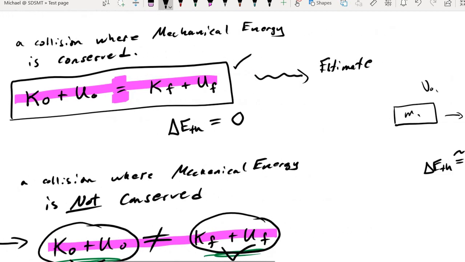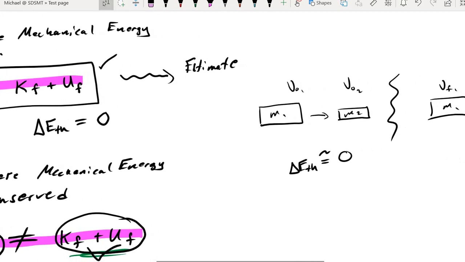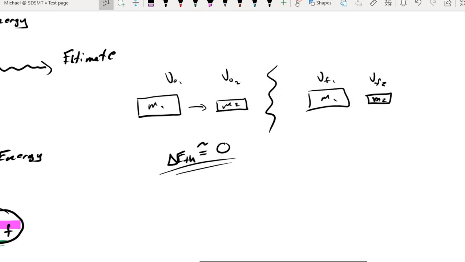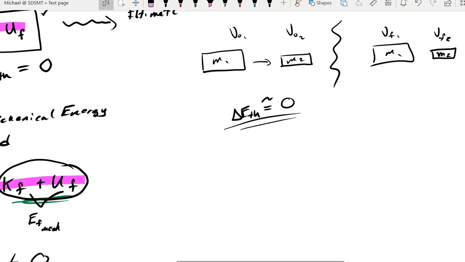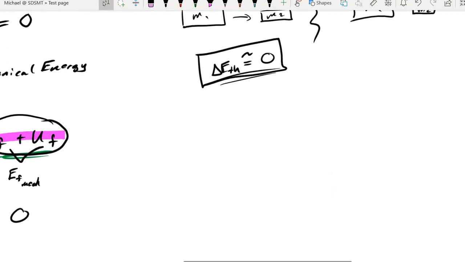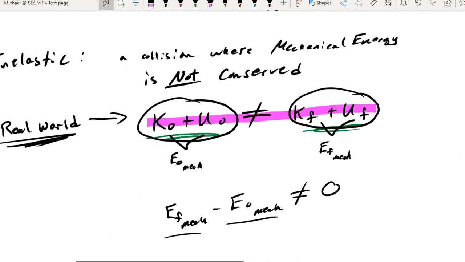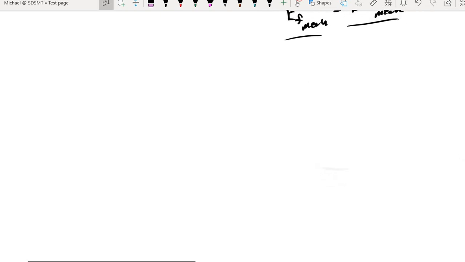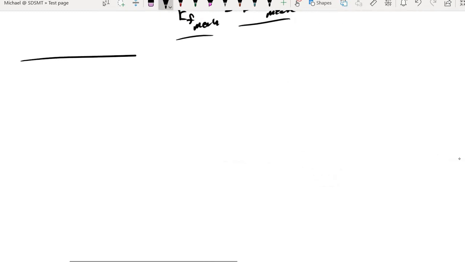The only thing that you have to do is you need to figure out what amount of thermal energy would be considered insignificant for loss, and that might be something that you would have to check with your manager or project supervisor just to see what would be acceptable in whatever line of work you happen to be using this in. So those are the two types of collisions, elastic and inelastic. And now we're going to go ahead and jump into a couple of example problems.